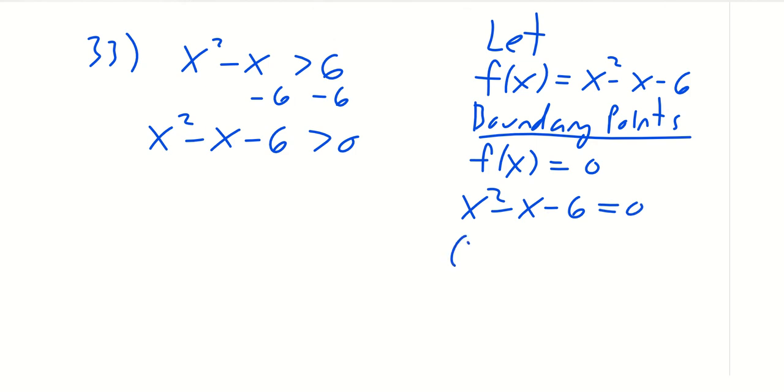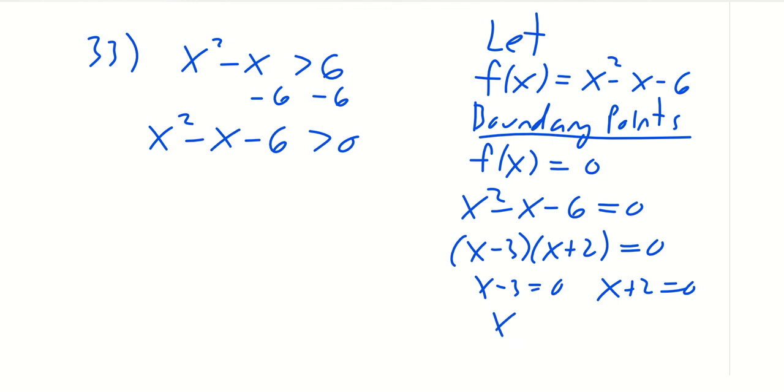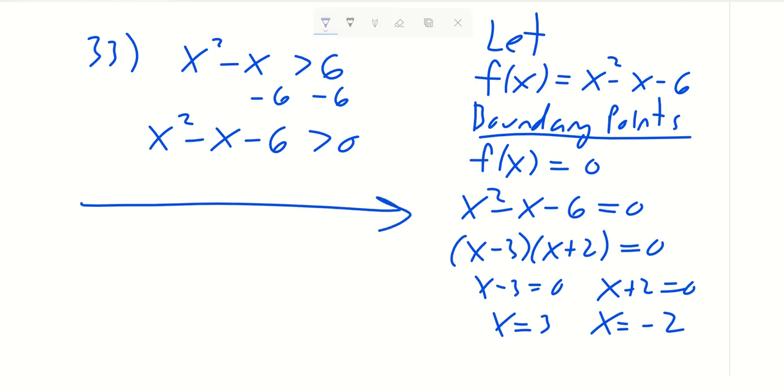It's a quadratic that fortunately factors as x minus 3 times x plus 2 equals 0. Set each factor equal to 0 individually, and we get two values here, x equals 3 and x equals -2. These are what we refer to as our boundary points. We're going to go ahead and plot those on our axis here.